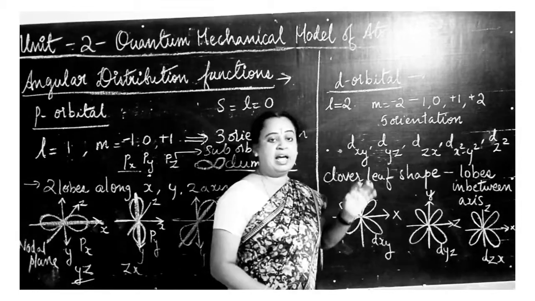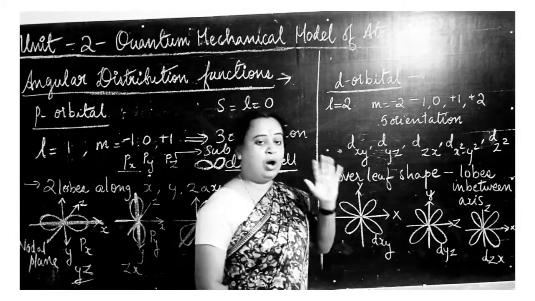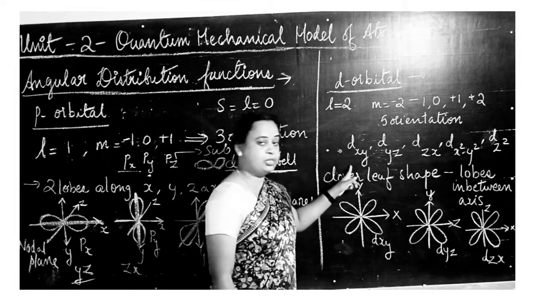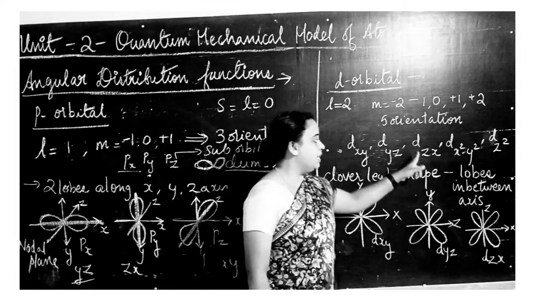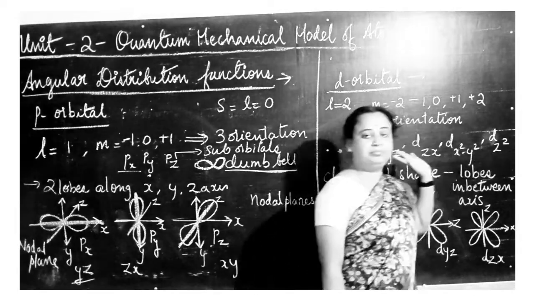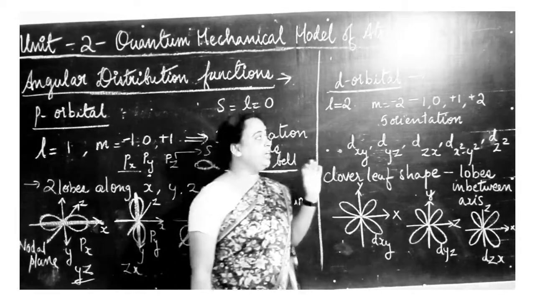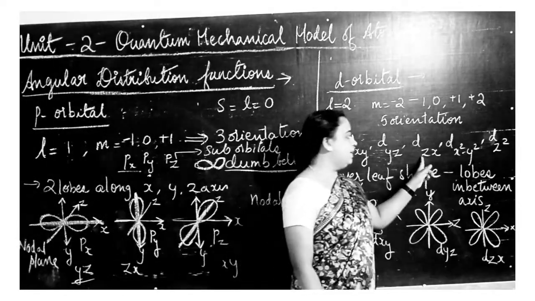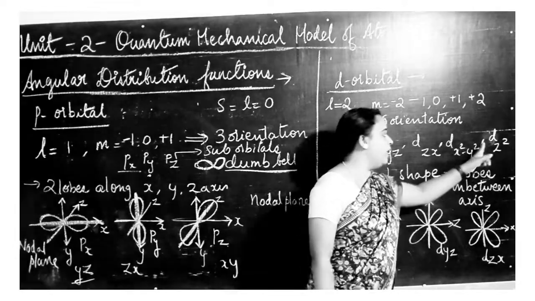So d orbitals have 5 orientations. Now how are these 5 orientations represented? They are represented as dxy, dyz, dzx, dx square minus y square and dz square.